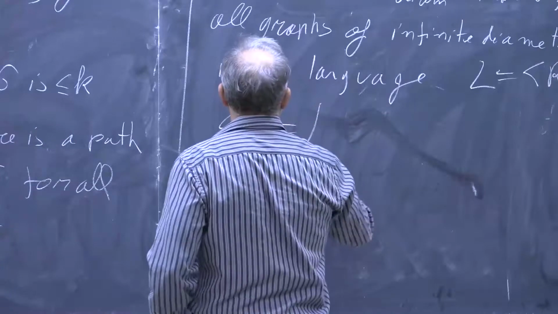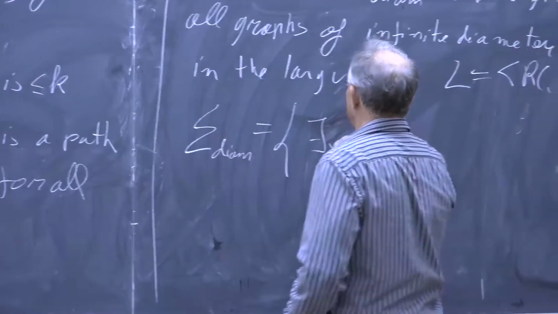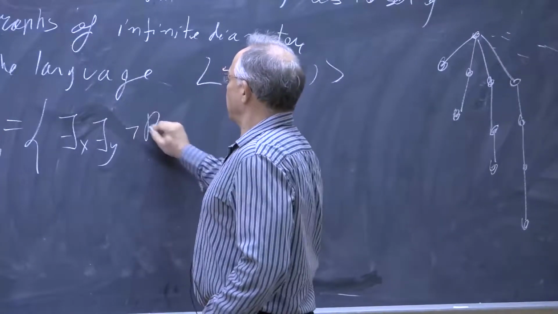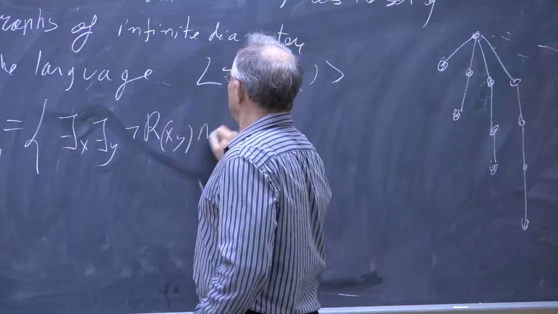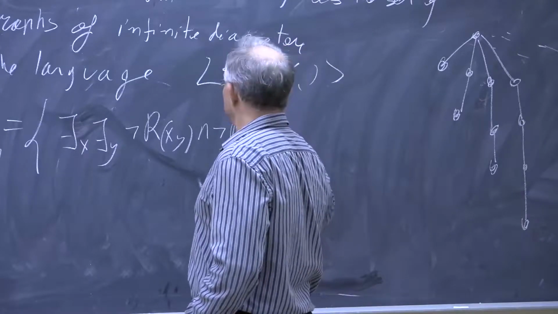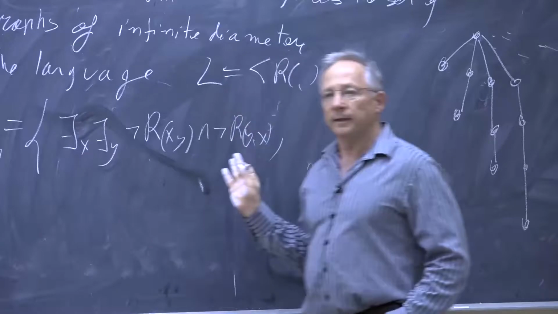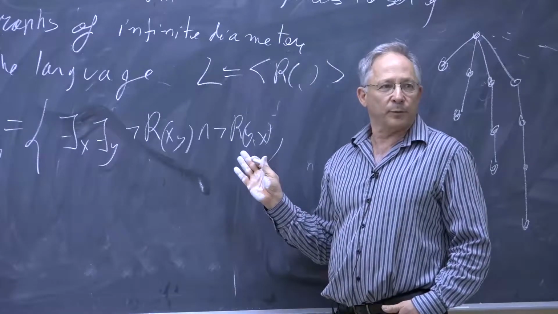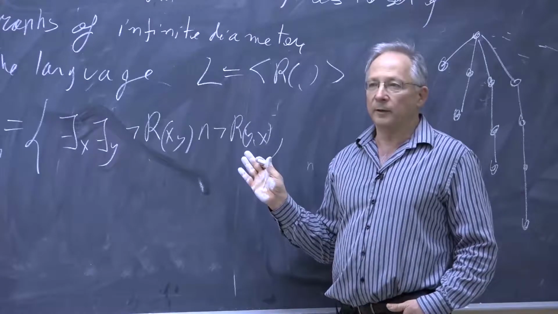We'll start with saying there exists an x and there exists a y such that not r x y and not r y x. There's no edge between them. So this tells me the diameter is at least 2. In one step, I cannot make sure that I will connect.